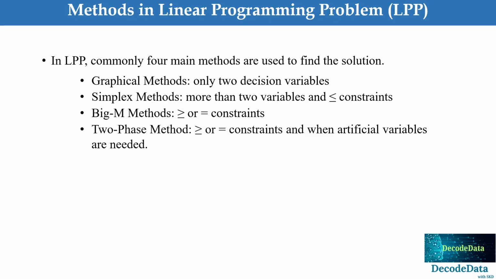Two-phase method is same as the big M method, where we have greater than equal to constraints or equal constraints, and normally we use artificial variables to be introduced to make the equation an equality, sorry. So these are the four methods that normally we use when we go for the solution of linear programming problem.